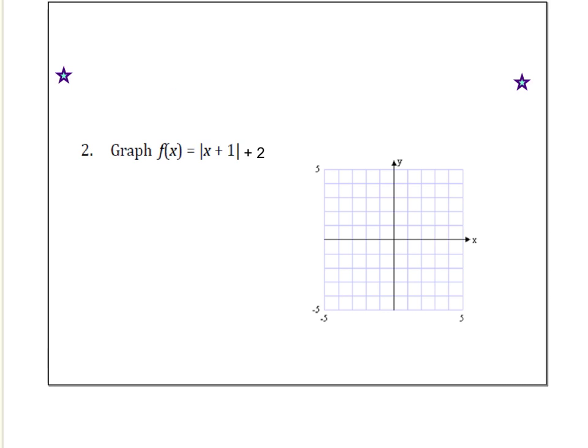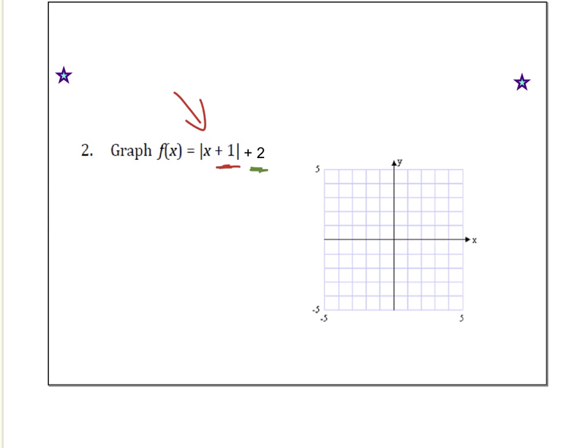So if I look here, this is going to be an absolute value one. There's a couple things that I want you to realize, okay? So two things are happening. I'm going plus 1, and I'm going plus 2.